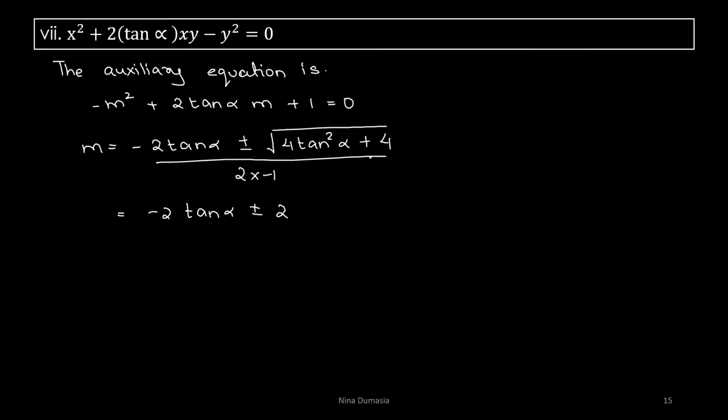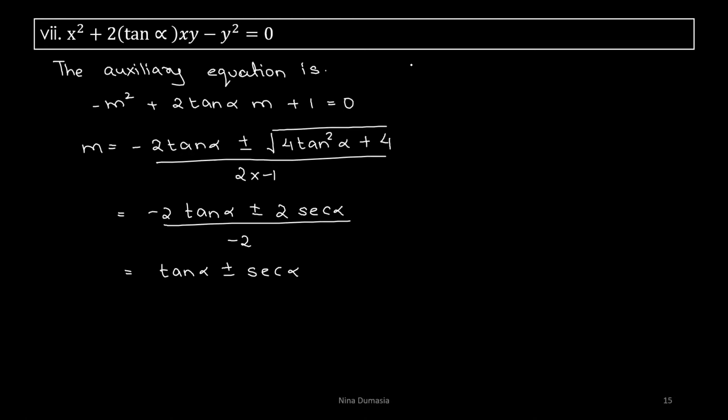Tan square alpha plus 1 is equal to sec square alpha and taking its square root we get sec alpha, okay, divided by minus 2, which is equal to tan alpha, minus will come, but okay, plus minus is there so it doesn't make a difference, sec alpha. So therefore our slopes are tan alpha plus sec alpha and tan alpha minus sec alpha.